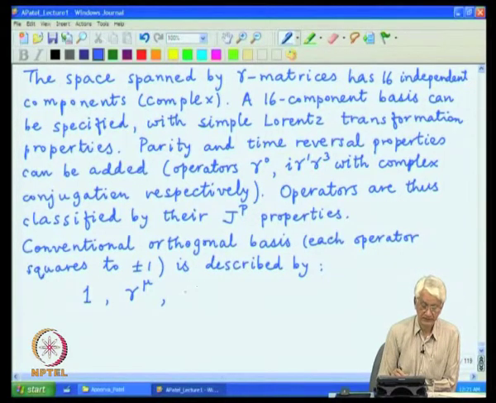So, we have to look at the antisymmetric part, and that antisymmetric part we have already selected as the generators of the Lorentz transformation, and I might as well choose these objects to be sigma mu nu.